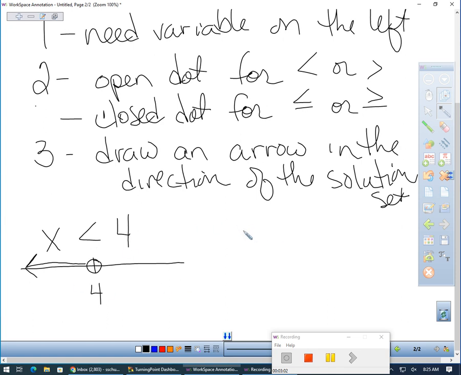If I have W is greater than 7, on my number line at 7, because it's greater than, I have an open dot. This says W is bigger than or greater than 7, so my arrow would go to the right. But what do you notice about that arrow? It is exactly the same as our inequality sign.